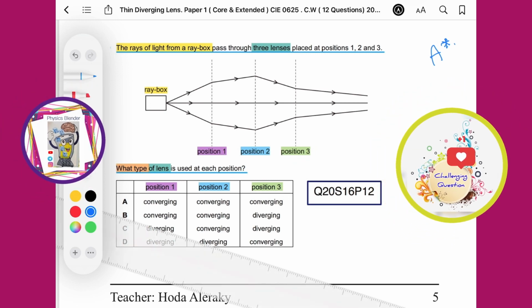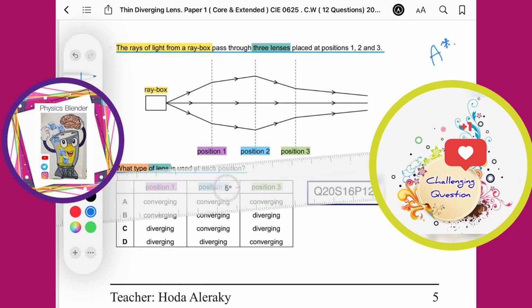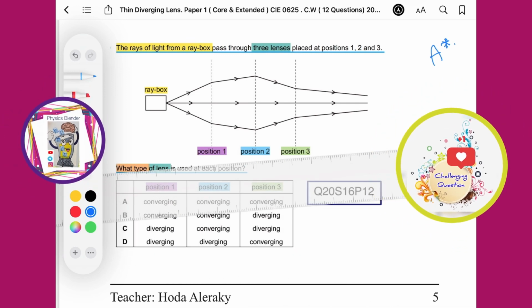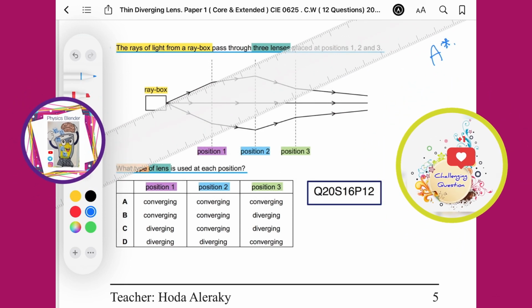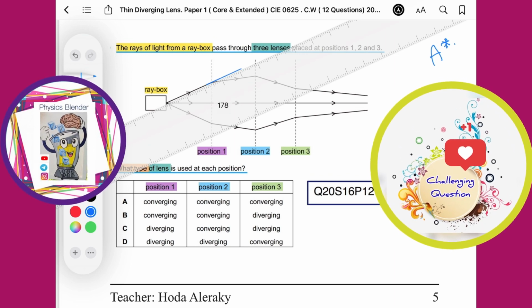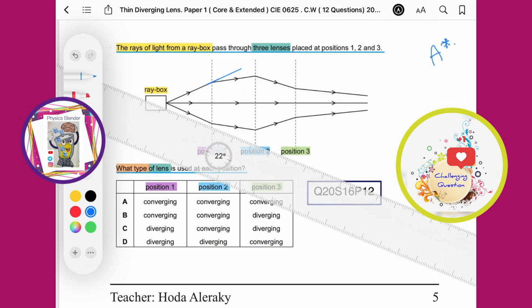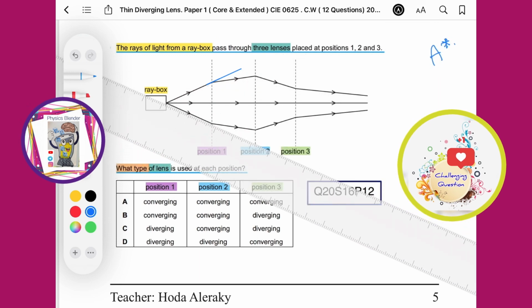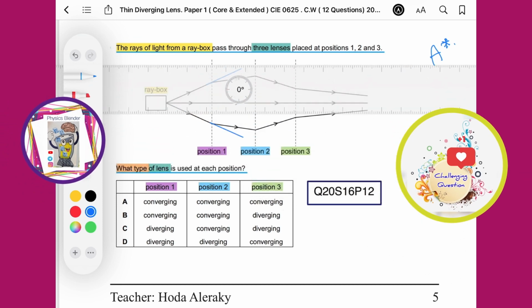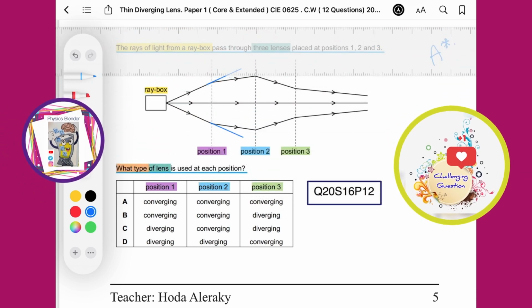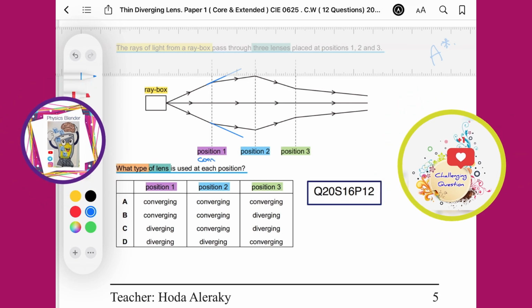You can extend the light rays and see if they are converging or diverging. The first light ray at position 1 could continue in a straight line, but it converges. So position 1, it's converging.